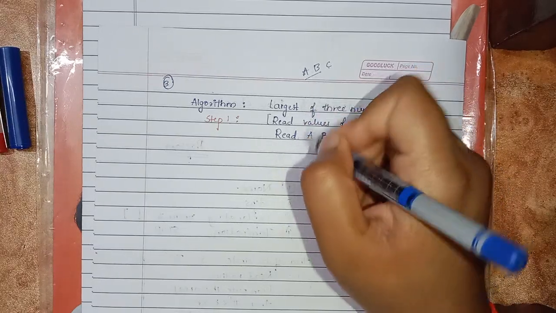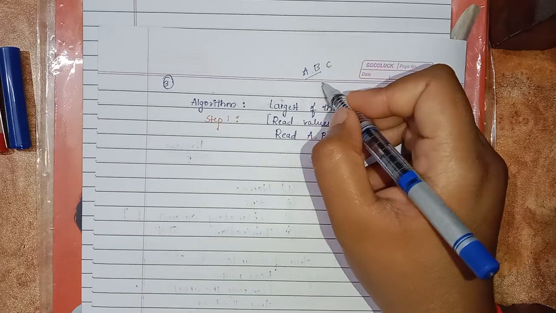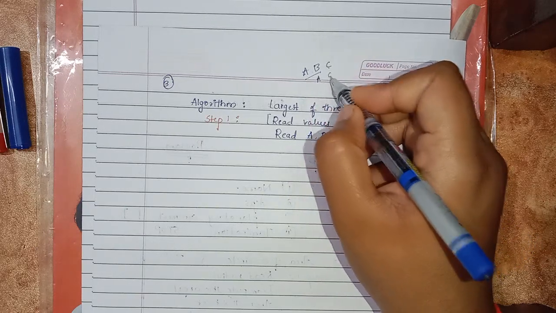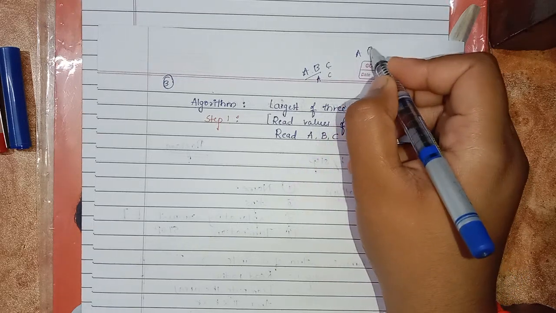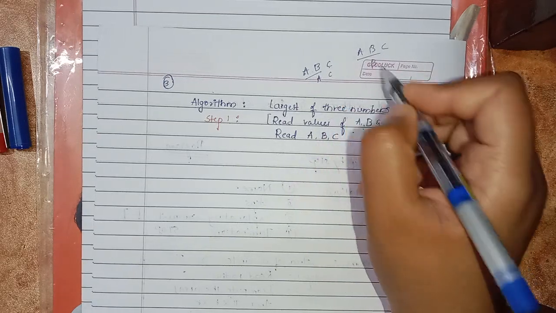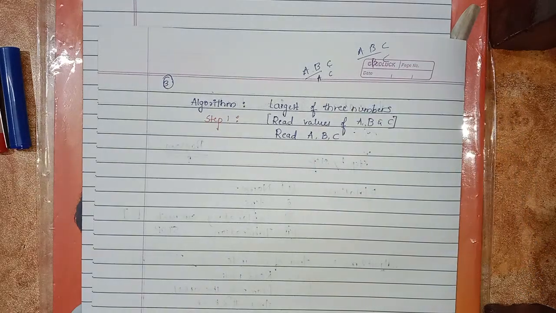So compare A and B first. If A is greater, compare A and C. Otherwise, if B is greater, then compare B and C.